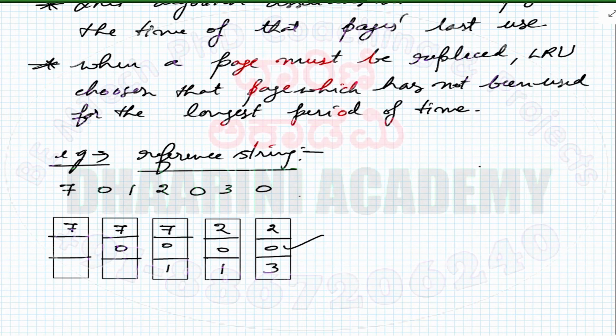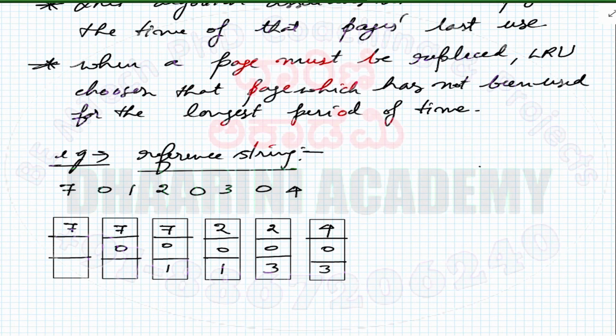So whatever comes next, if at all 4 comes, that means I'm actually going to replace the 2. 2 is the oldest and not being used for a long time, so 4 0 3.